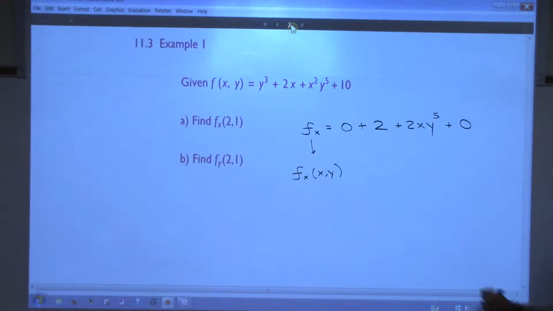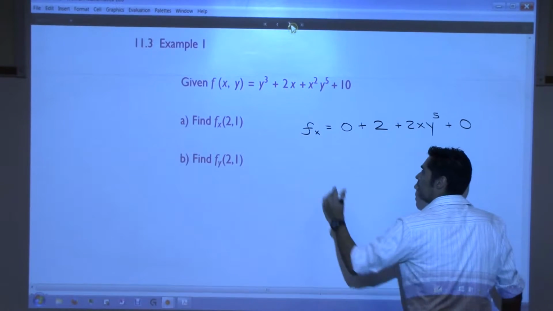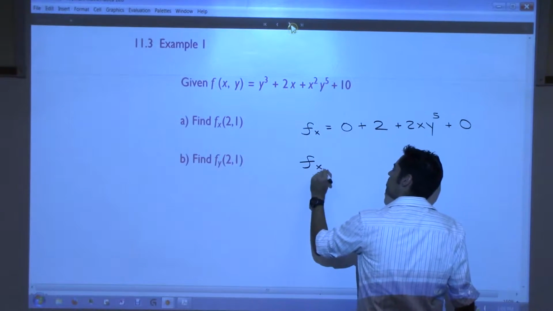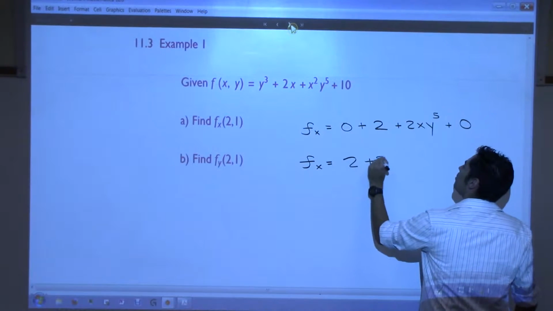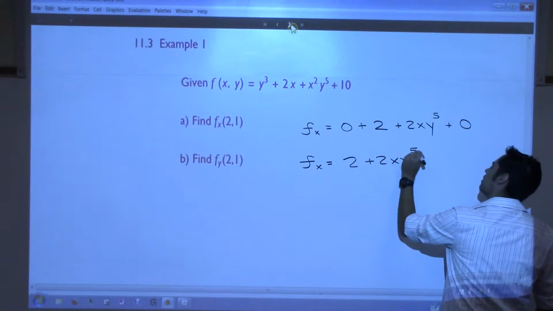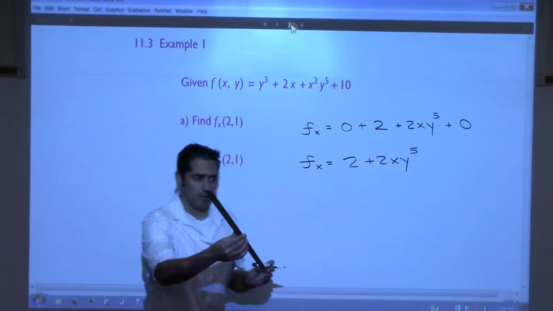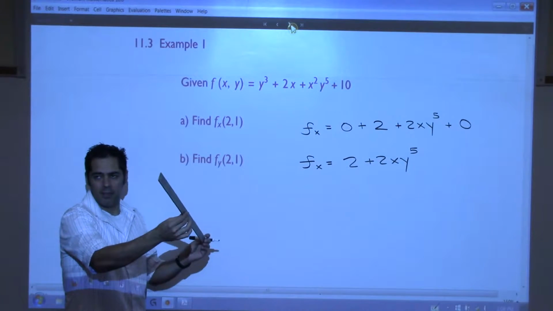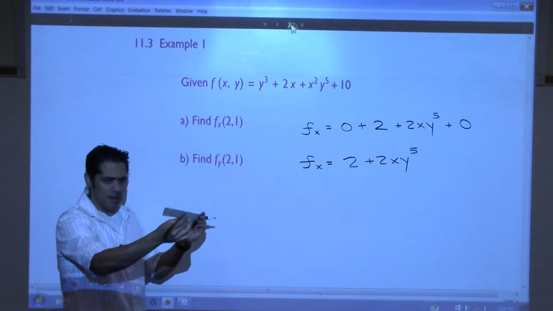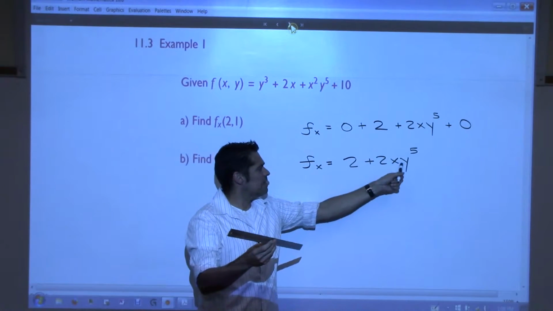All right, so let me clean this up. The partial of f with respect to x is 2 plus 2xy to the 5th. So check this out. If I want to know the direction of this line, I mean the slope of this line, then what someone's going to have to give me is an x and a y coordinate.